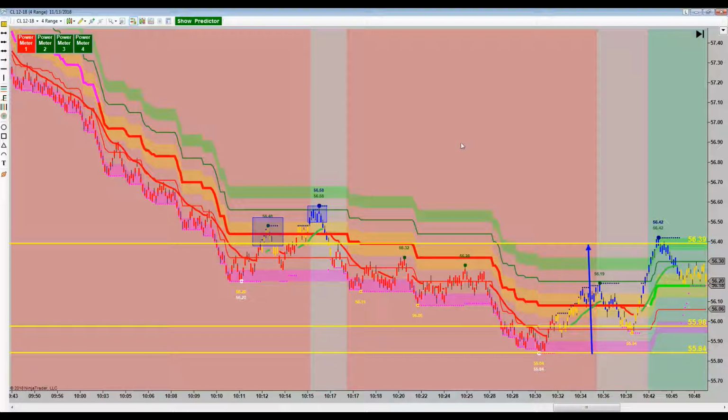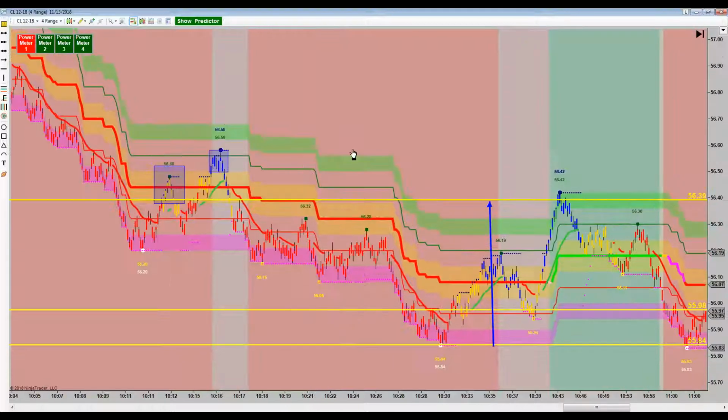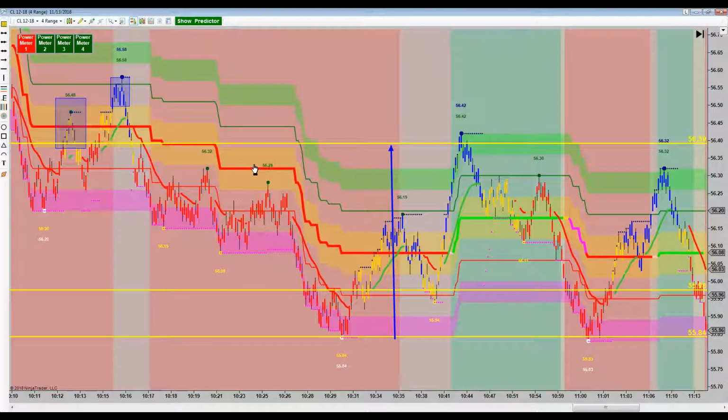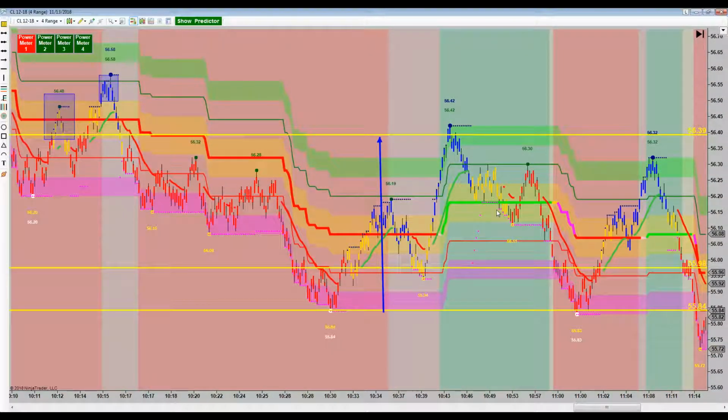Now let's advance the chart. What's happening here? This is a half an hour later. We're all the way over here to 11:15 now. So what I'm showing here, and you can do this at any time throughout the day. I do mine in the pre-market session, and then I adjust them as the market moves. Gary does them in real time on the chart. So everybody knows how to draw the lines.